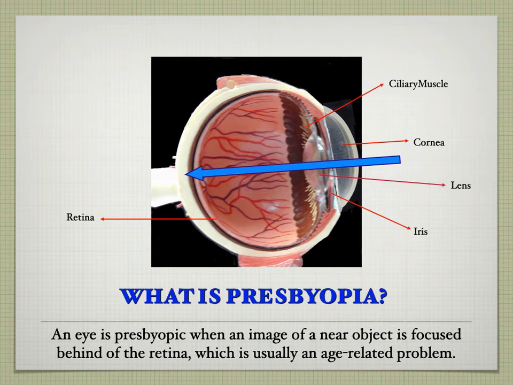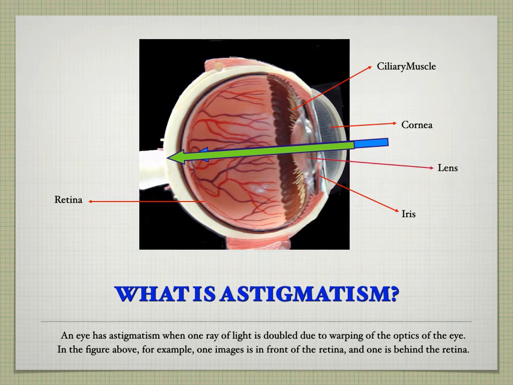Presbyopia is an age-related problem where people can see fine far away but have trouble focusing up close. Astigmatism comes from a Greek word where the A means not and stigma means point.